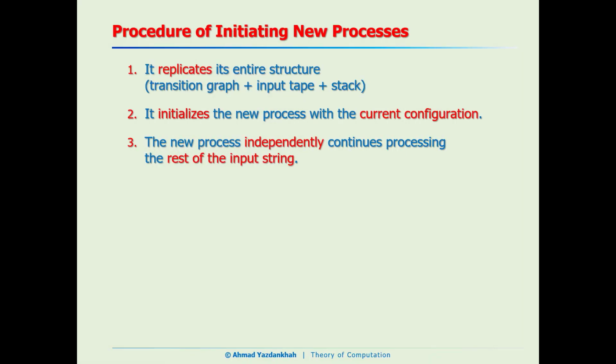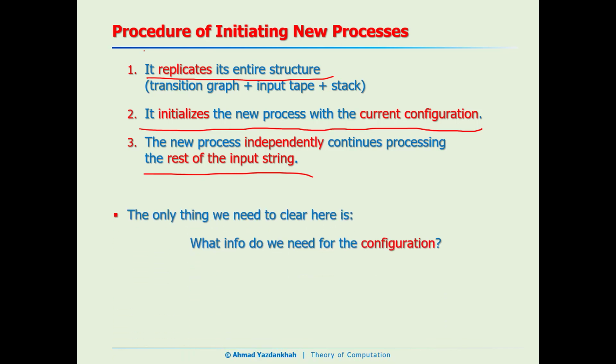Okay, now the question is how? Very simple, the same as the NFAs. The machine replicates its entire structure. The machine initializes the new processes with the current configuration, and each process independently continues processing the string. So the only thing that remains is: what is the configuration for the NPDAs?